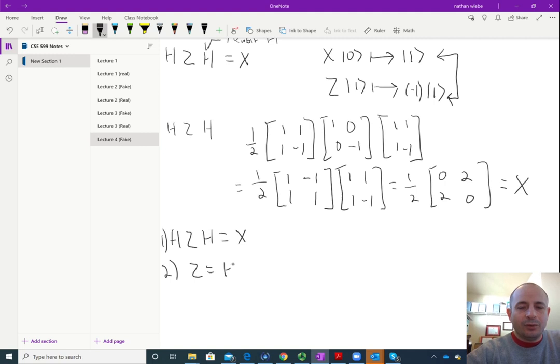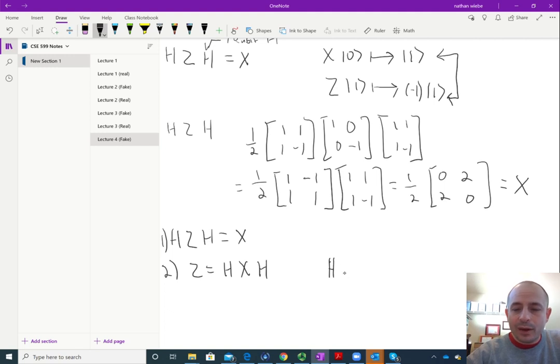But also, we end up getting that Z equals HXH. So the Hadamard operation can be used to convert X into Z and also Z back into X. To see this, all we have to do is take this initial expression up here and apply the Hadamard transform again to it.